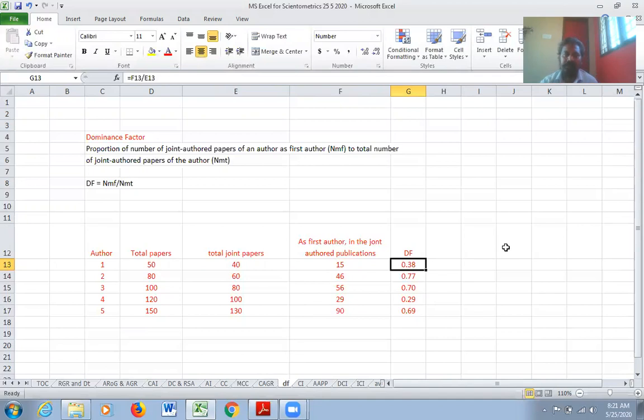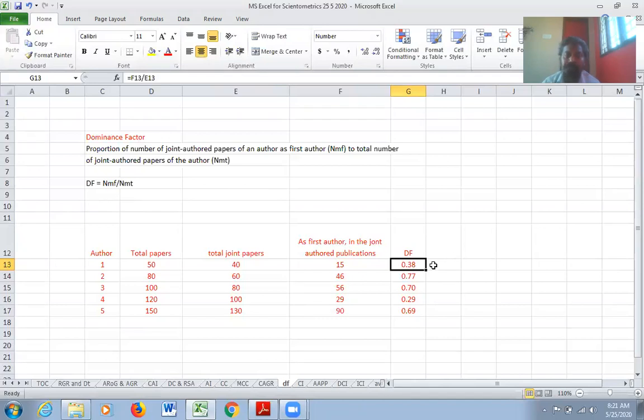My name is in the second, third, fourth, fifth position. If it is so, what is my dominance? To what extent do I dominate in this particular research field? Though there are a lot of collaborative papers, in how many papers does my name appear as the first author? So that is how the dominance factor is calculated.